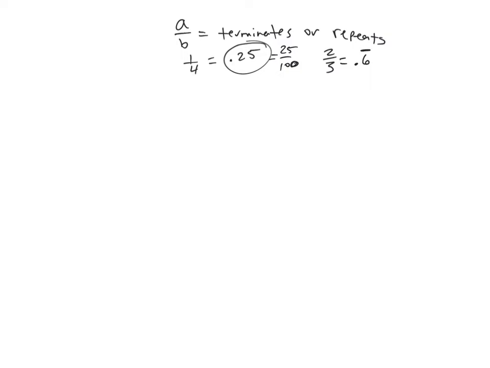Now, what about the repeating? So if I'm given 0.7 repeating, how do I figure out what is the A over B, or the two integers on top of one another that makes this rational number? Okay, and let's go ahead and write on top, rational numbers.